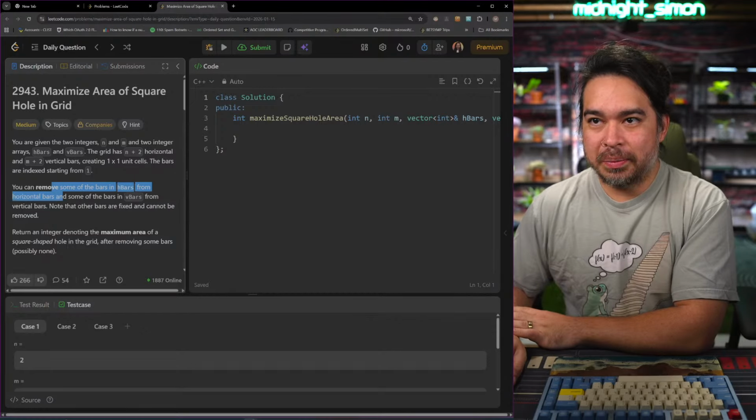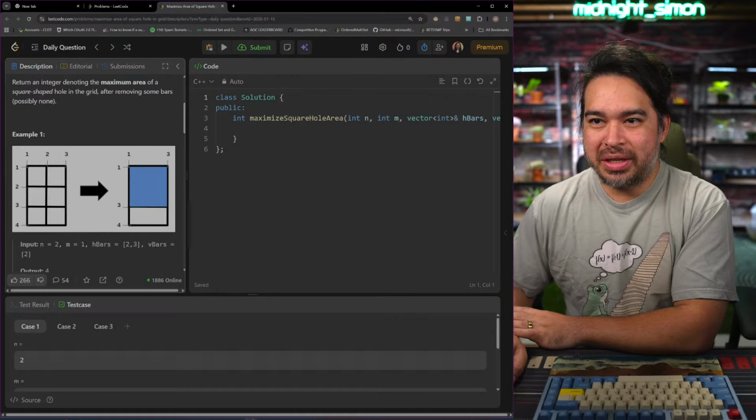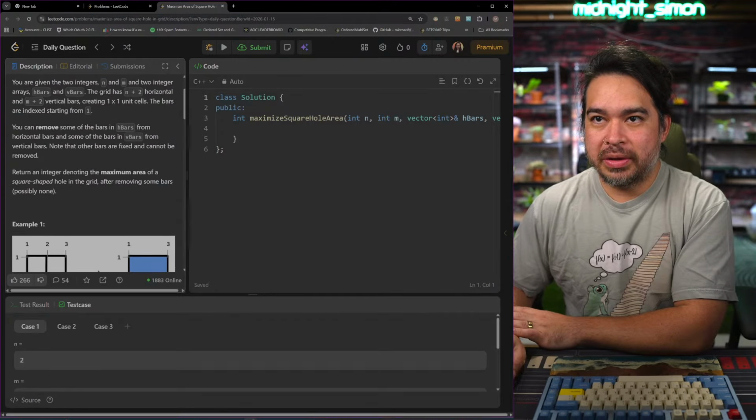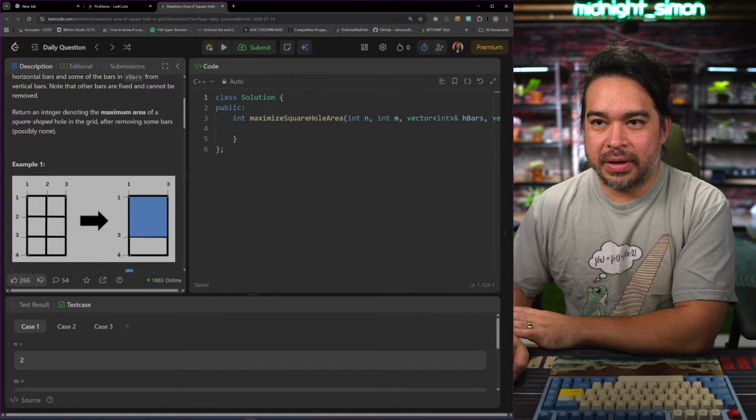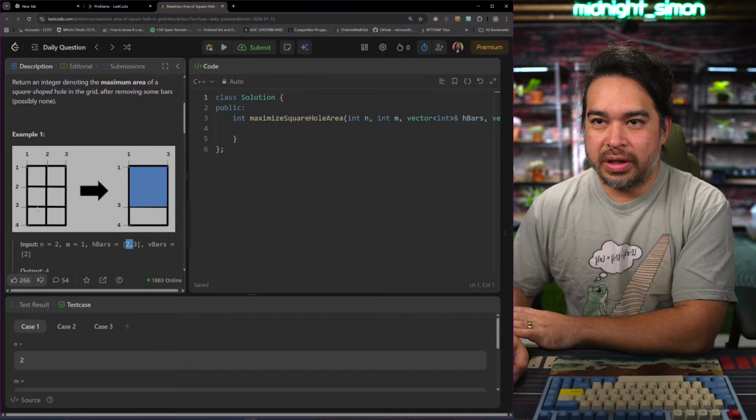It says some, but it doesn't tell me how many. Oh, but it still needs to be a square hole. I see. So if I removed the 3, it wouldn't be a square anymore.